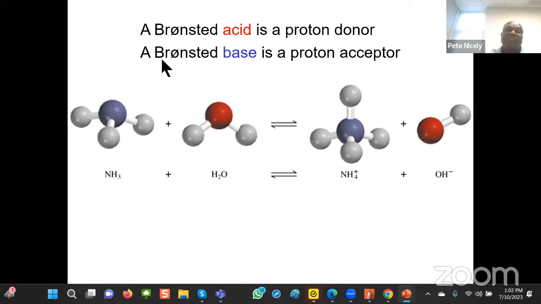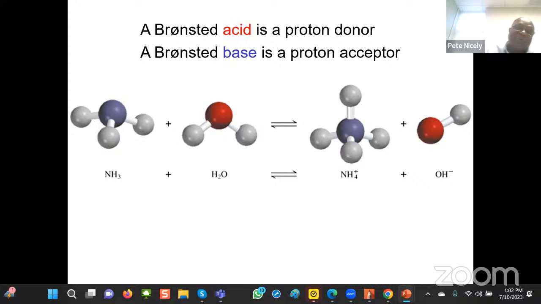So according to the Bronsted definition, an acid is a substance which donates a proton to something, which is the base, because according to Bronsted, a base is a proton acceptor, all right? So this definition does not necessarily relate to the formation of hydroxide ions in an aqueous solution. It does accept that possibility, but it's not necessary.